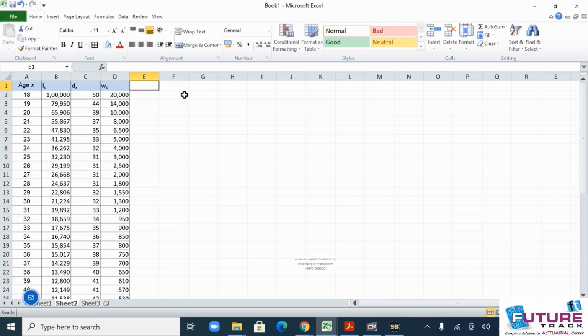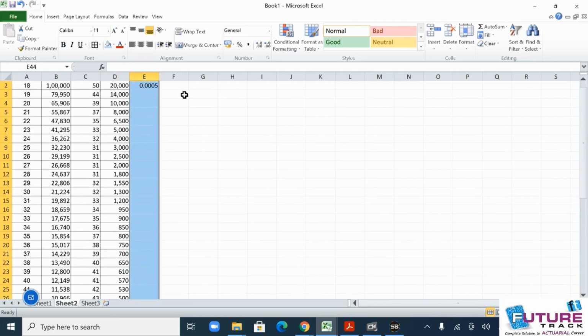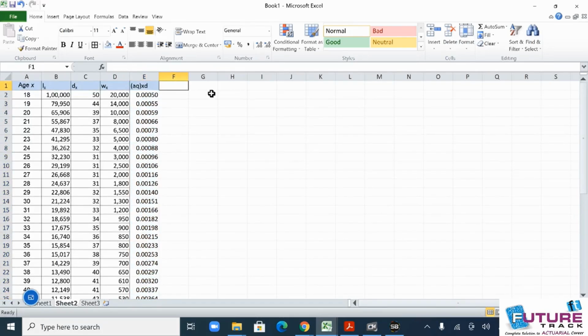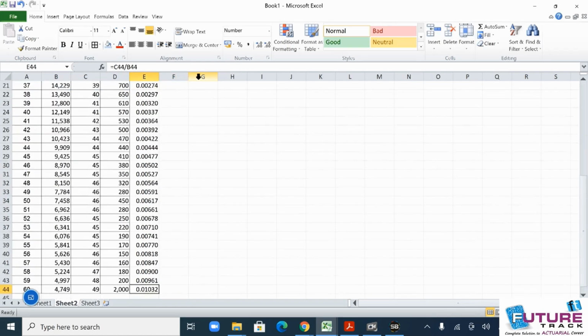So class, let's find out first aqxd. So class, aqxd, that is dx divided by lx. Now control down, just take it to 4 decimals. Then similarly class aqxw, wx divided by lx, same thing.